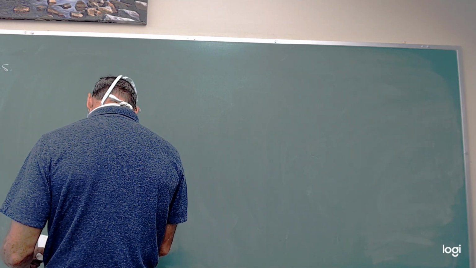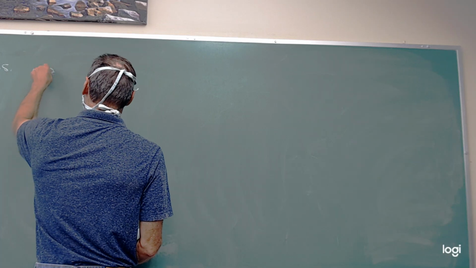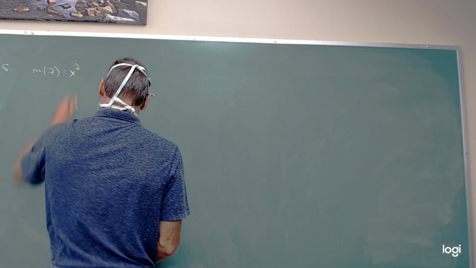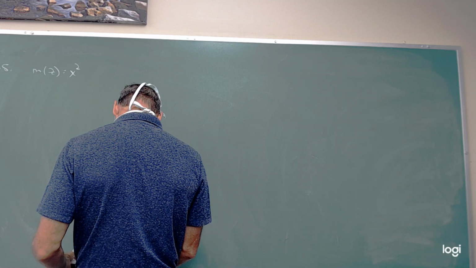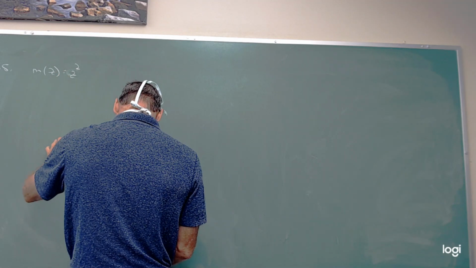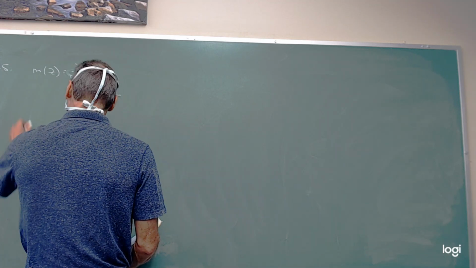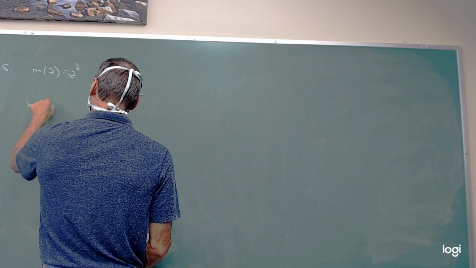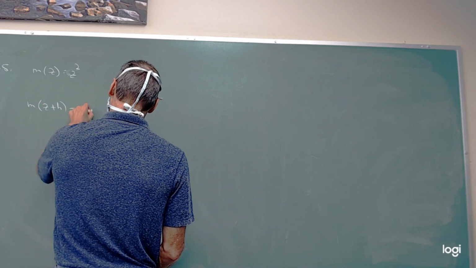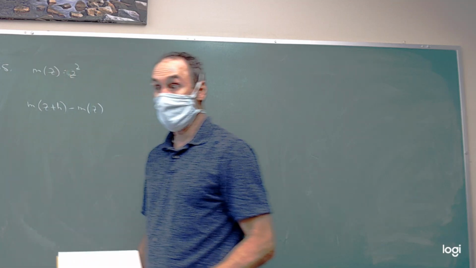So we have m of z equals z squared, sorry, is what we're told. And we want to find in number 15 m of z plus h minus m of z. You know where this is heading, right?